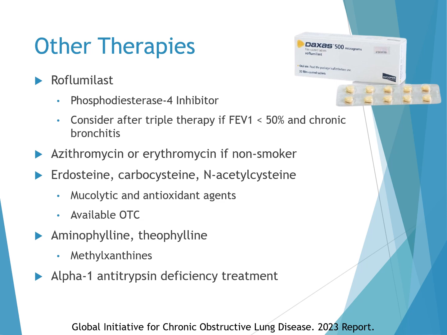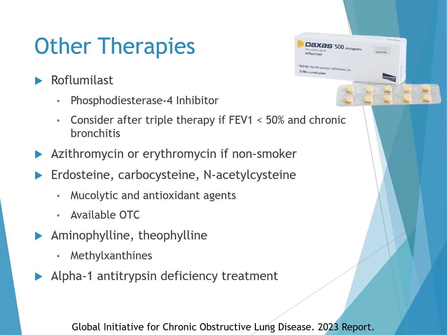Next is aminophylline and theophylline. These are methylxanthines. Theophylline has a small bronchodilator effect in stable COPD that can cause modest symptom benefit. However, theophylline is no longer recommended due to its side effect profile, and although it may improve FEV1, it has contradictory evidence for reducing exacerbations, and it's not recommended.